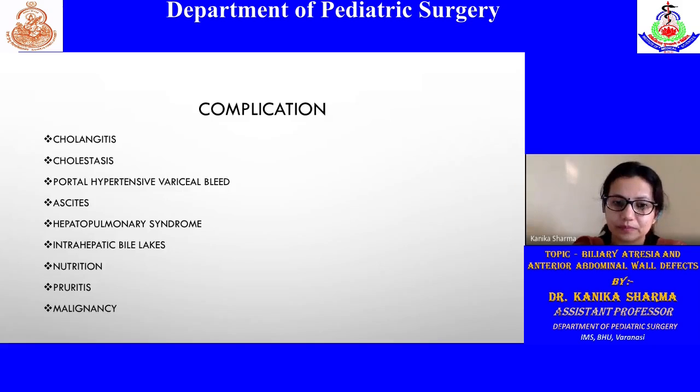Even with Kasai's portoenterostomy, they may require recurrent admissions owing to components of liver failure. It has been noted that around 20 to 30% of children with biliary atresia can have normal or near-normal function in later life, provided they present early and have good liver function at the time of presentation.